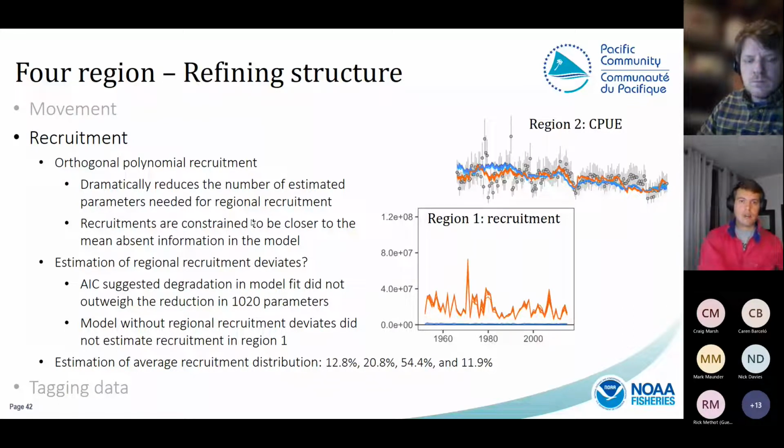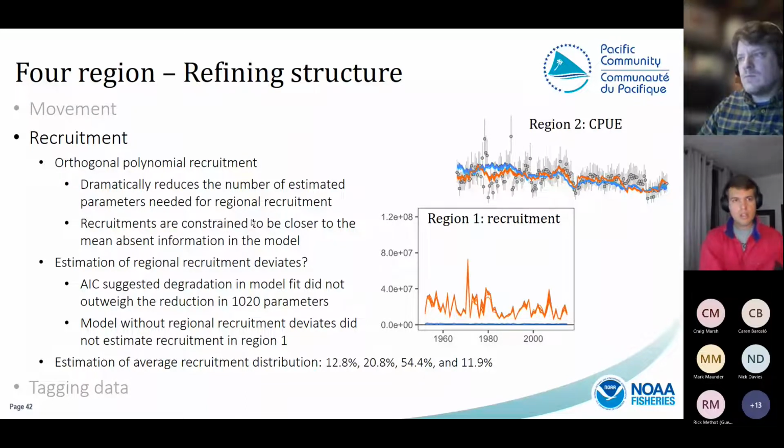Particularly early on in the model period, we saw that there was that weird kind of hump of biomass initially. So one of the ways we tried to look at constraining that was to use this orthogonal polynomial recruitment, and it dramatically reduces the number of estimated parameters needed for regional recruitment. And it also had the effect of constraining some of those recruitments, particularly early in the model period, to be closer to the mean.